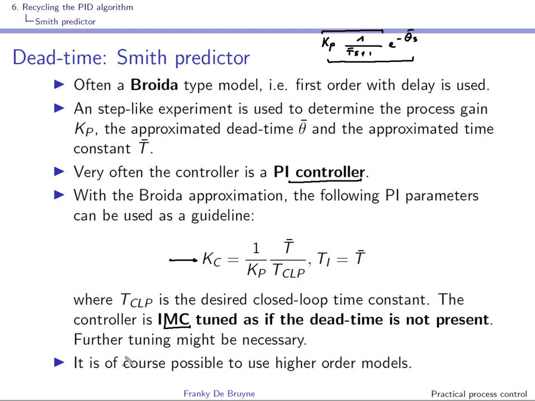Of course, it is also possible to use higher order models. So if you use a second order model, 2 time constants and a delay, then you can tune the PI controller for the Smith predictor as if the process is a second order system.